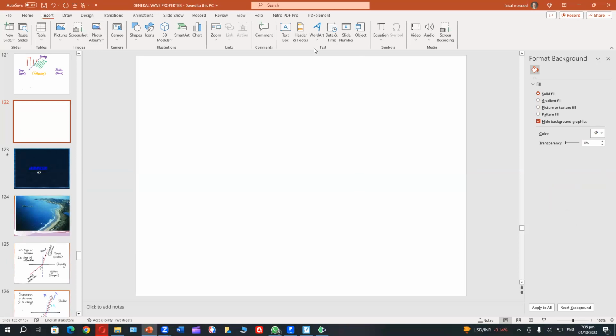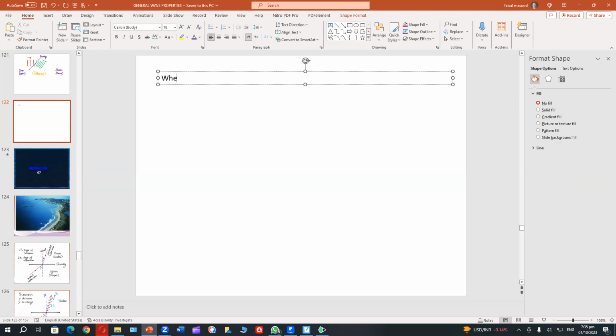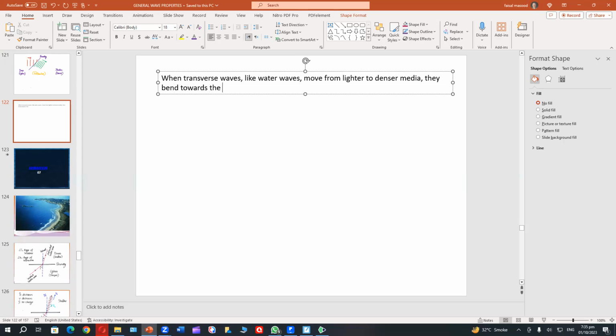So right under it, write: when transverse waves like water waves move from lighter to denser medium, they bend towards the normal.